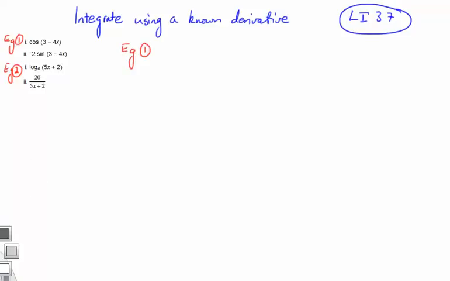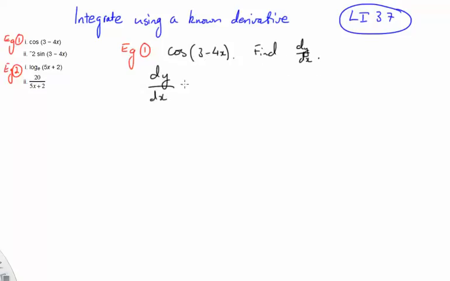The idea is that if you already know a particular derivative, then it makes finding some integrals a bit easier. So the first thing, they give you cos(3 - 4x), and they ask you to find dy/dx. So let's do that.